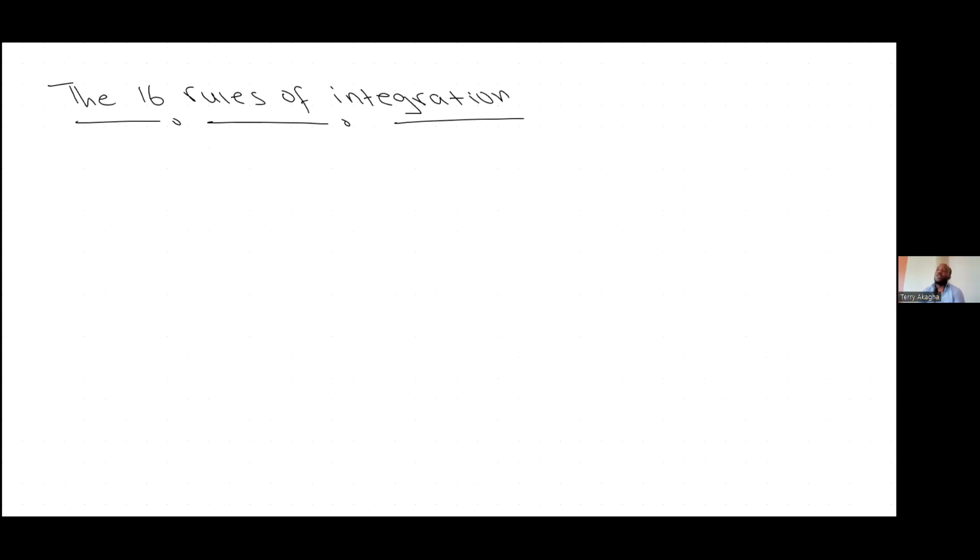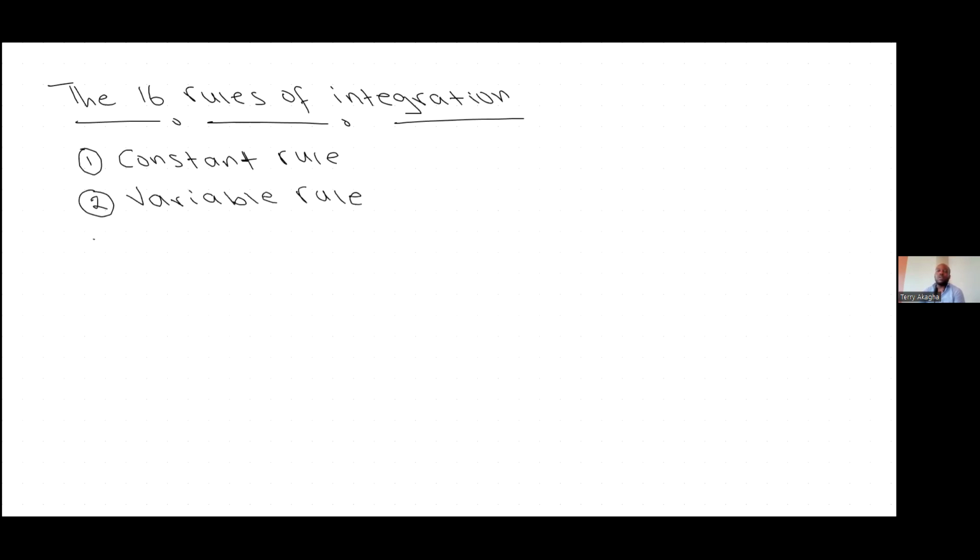Is that all right? So the first rule I'm going to talk about is the constant rule. So I'm going to start with the constant rule from the next video. Then the second rule I'm going to talk about is called the variable rule.